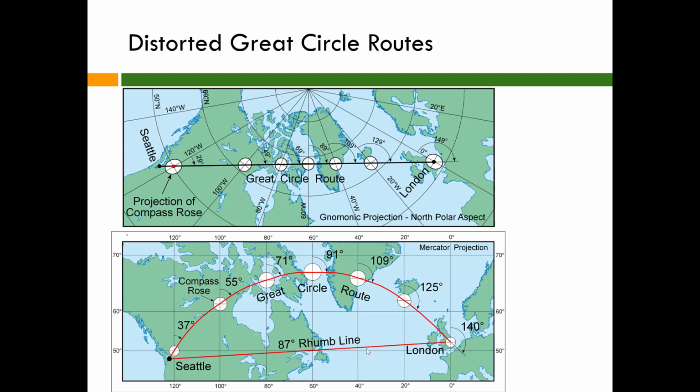We call that a rhumb line. It's good for navigation across the sea when you have the good old-fashioned compass. But with this map projection, we actually distort the shape of our great circle route. So the great circle route is the shortest distance, but don't be fooled by your map.